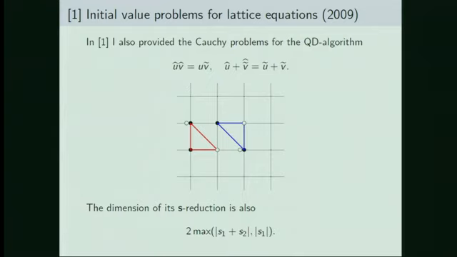You can see this is a quotient equation, and this is a difference equation, if you write it with minus signs. And the dimension of its S reduction for arbitrary S is exactly the same as for the Toda equation, which is not a surprise because these two equations, the Toda and the quotient difference algorithm, are basically related to each other.